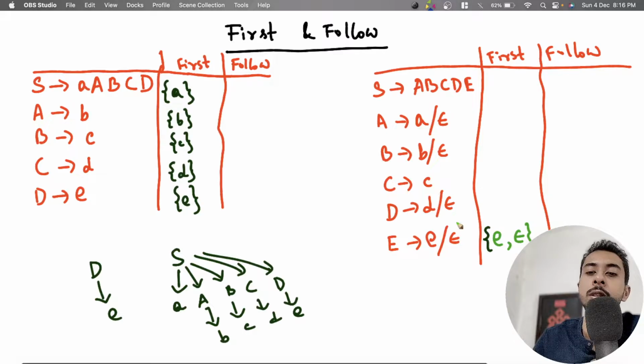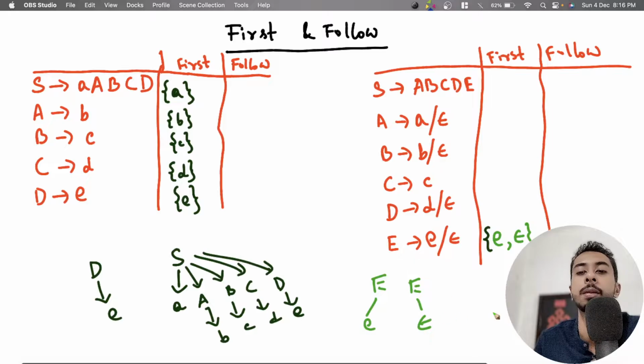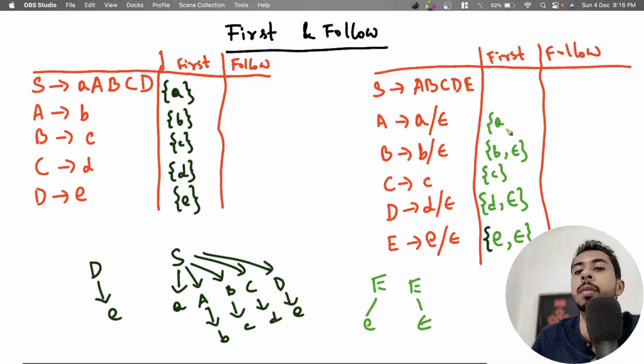Since epsilon is present in the grammar itself, E derives E or epsilon, so either it can produce E or it can produce epsilon directly. That is why the first can also be epsilon. Here it will be D and epsilon. Here only C is possible. Here B and epsilon are possible.